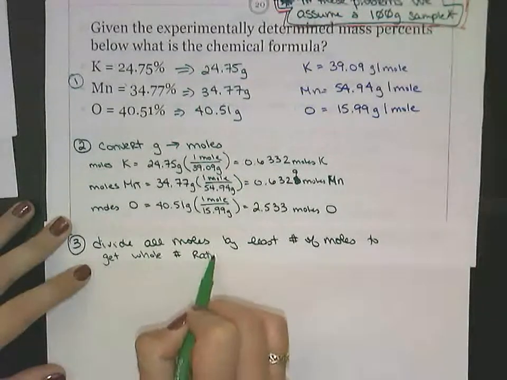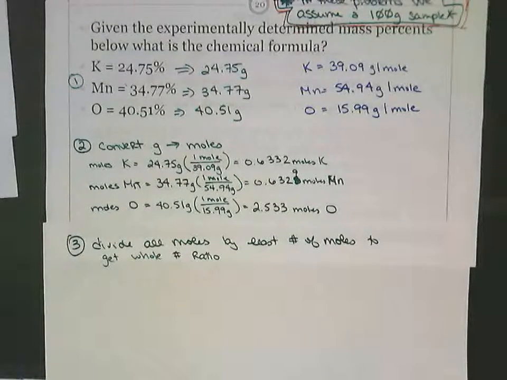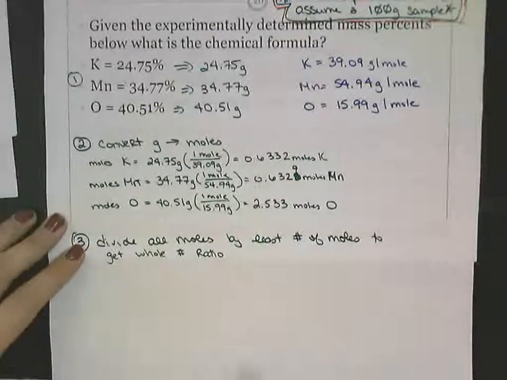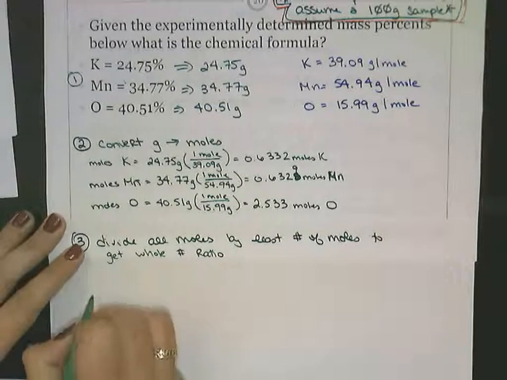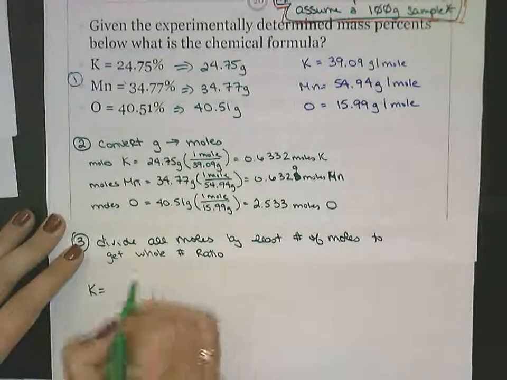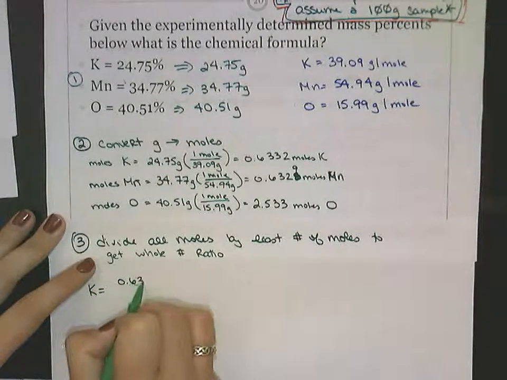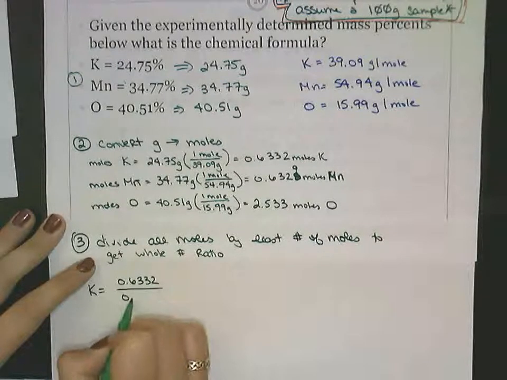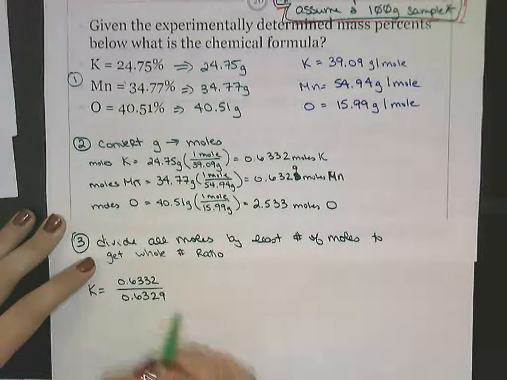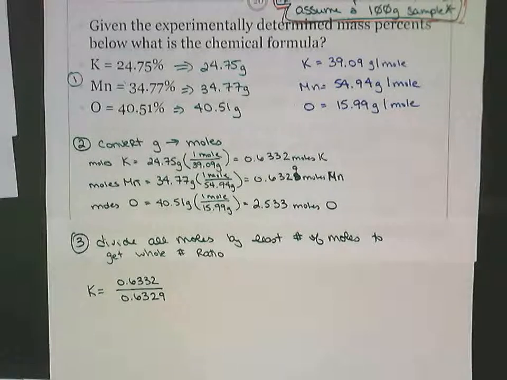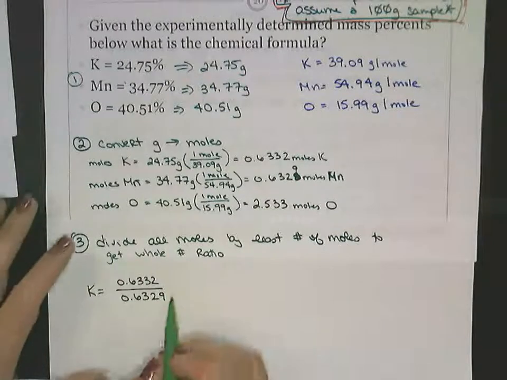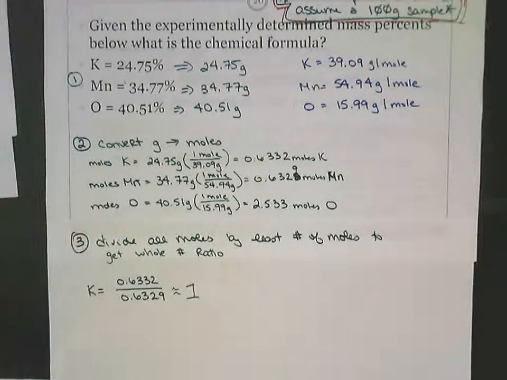All right, so we're going to divide all the moles by the least number of moles to get a whole number ratio. So for potassium, what whole number does that come closest to? Right?